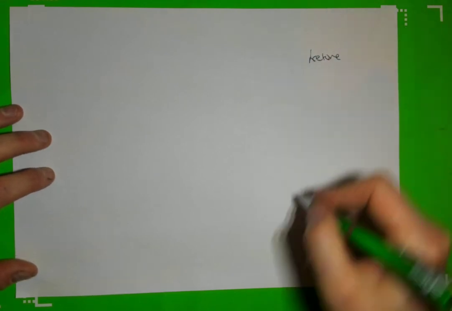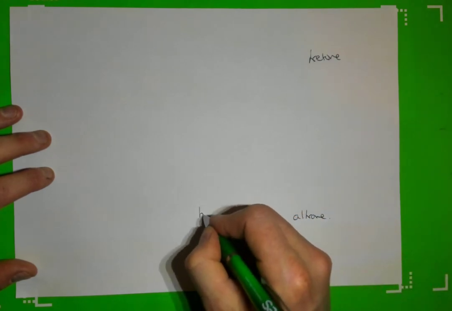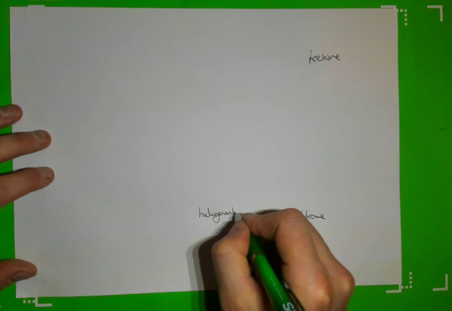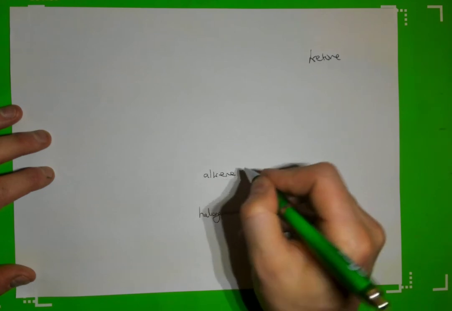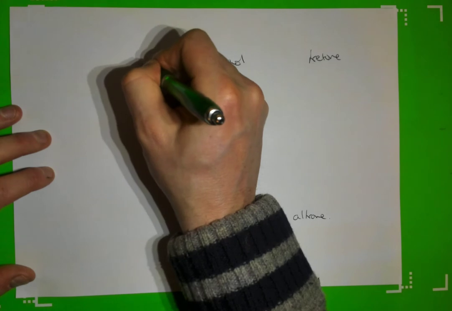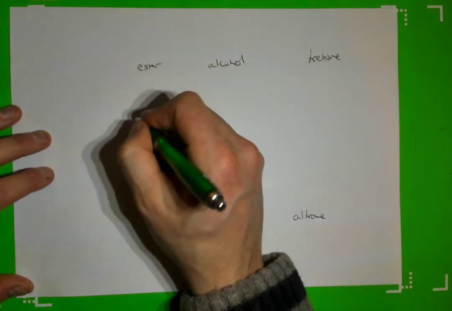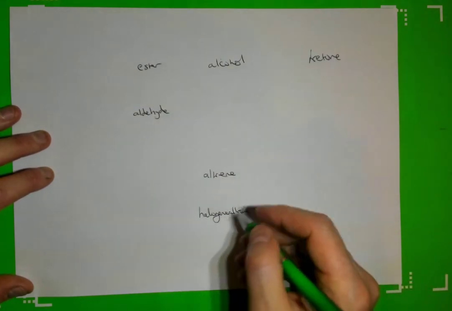Now all I'm going to do is I'm just going to draw the outline of this, and it's up to you to write the information on top of the arrows. If you get good at this, you should be able to do this from memory.